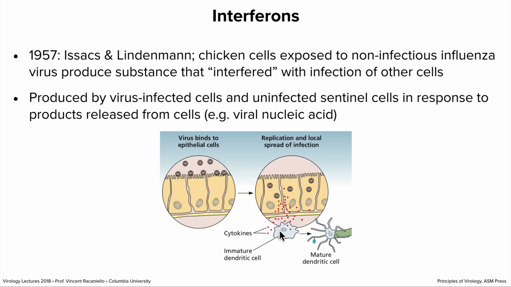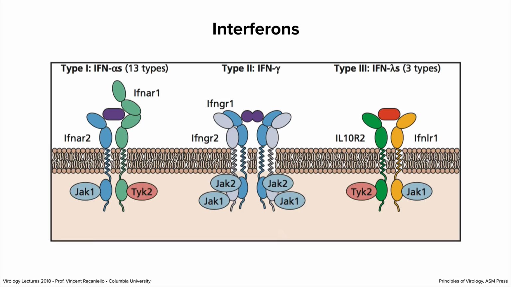That can be picked up by the immature dendritic cells, and then these dendritic cells will sense it and make interferon. So they're not actually infected, but they're still able to produce interferon because they sense the product of infection released from the infected cells.